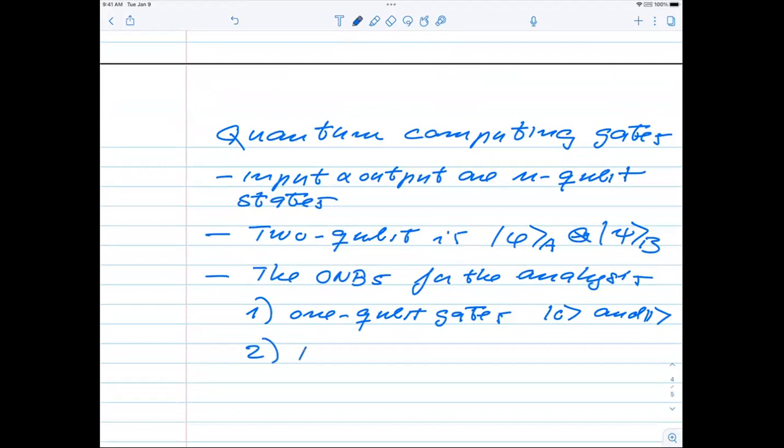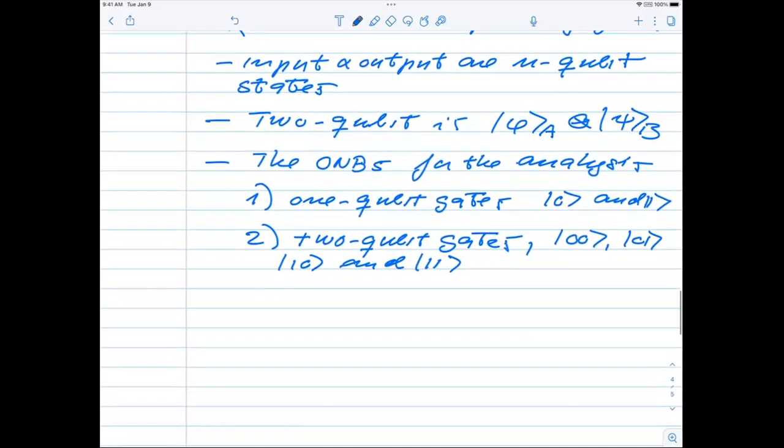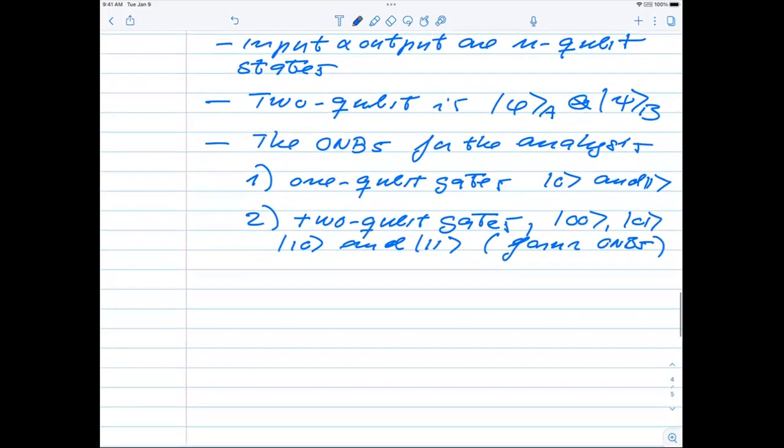And then we have the 2 qubit gates, and then we are going to have these states 0,0; 0,1; 1,0; and 1,1. So we have actually 4 ONBs. And we've shown before that these states are orthogonal to each other.